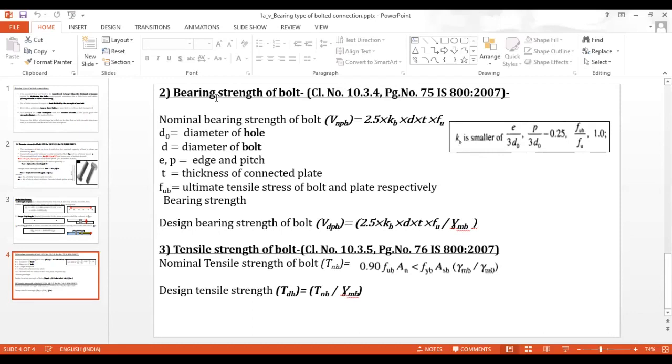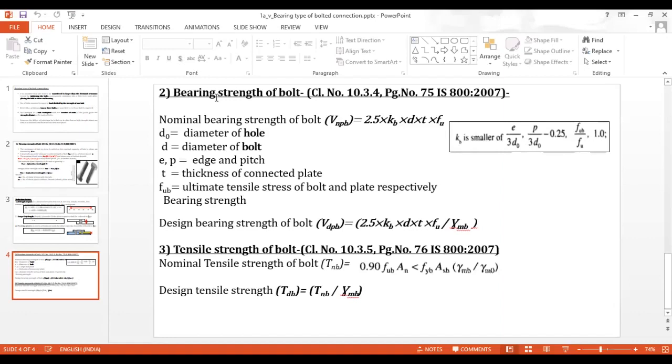Now in this formula we have small e, small p, fub, fu, d naught. Let me again highlight that d naught is the diameter of the hole, d is the diameter of the bolt, e and p are the edge and pitch distances, t is the thickness of the connected plate, fub is the ultimate tensile stress of a bolt, and fu is the ultimate tensile stress of a plate, respectively.